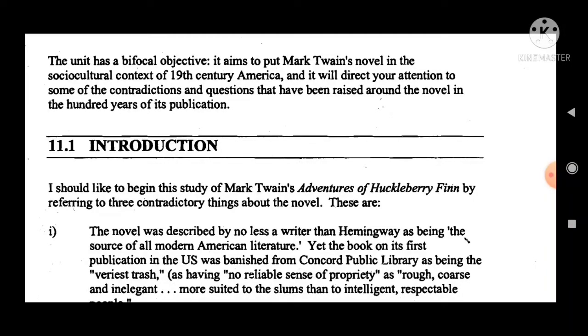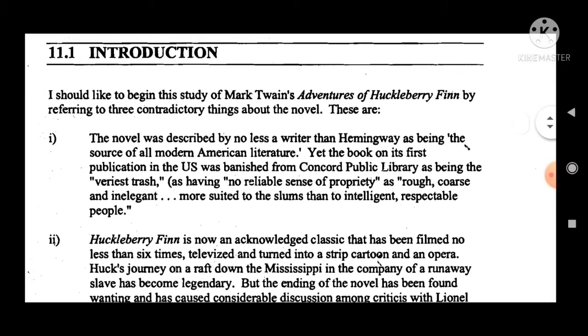I should like to begin this study of Mark Twain's Adventures of Huckleberry Finn by referring to three contradictory things about the novel. The novel was described by no less a writer than Hemingway as being the source of all modern American literature.